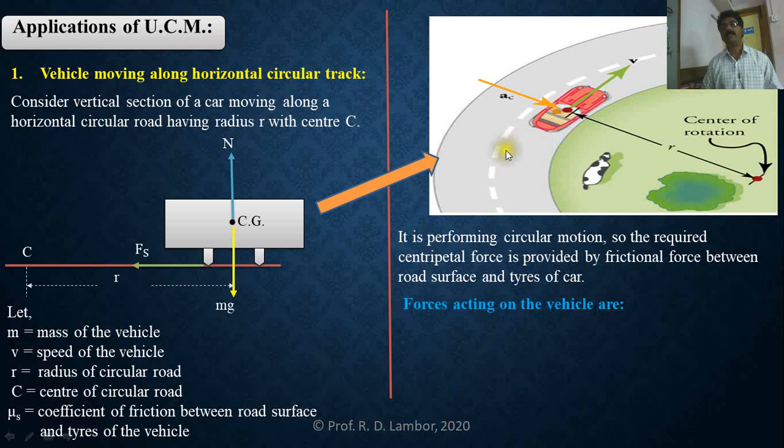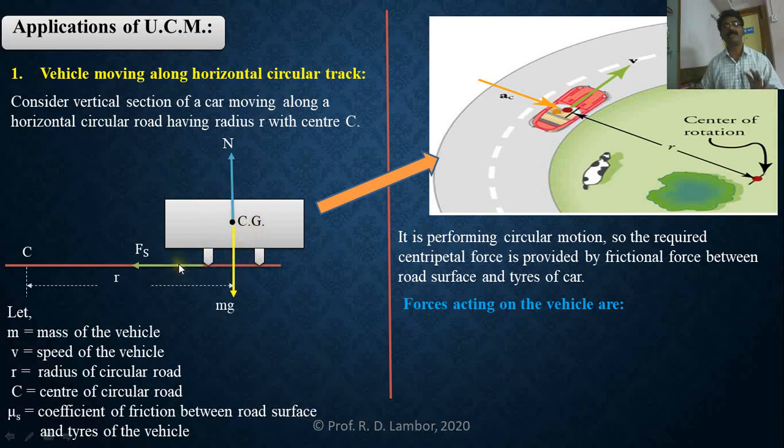Now we will shift to the first diagram, this diagram. In this diagram, the forces are acting on the vehicle when the vehicle is on the horizontal circular track. If you can see it clearly, these forces are shown here by three different colors.